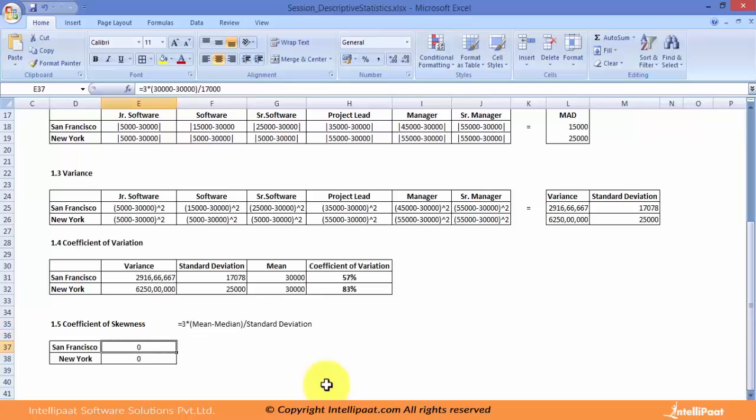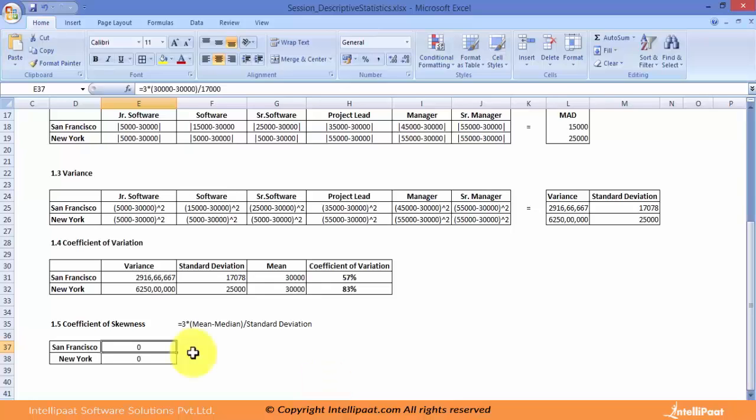And whenever the coefficient of skewness is 0, you should be very happy that the distribution is not skewed.